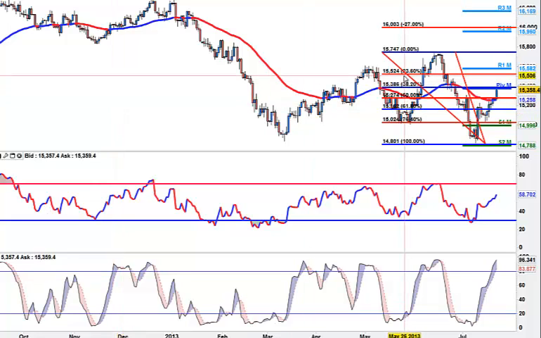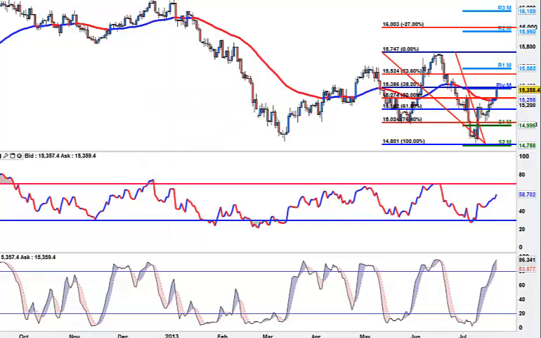So next stop 155.25, which is 23.6. Not sure we'll do that tomorrow. The stochastics are high. Now this is a lot of resistance up here. We've got no pound data tomorrow.